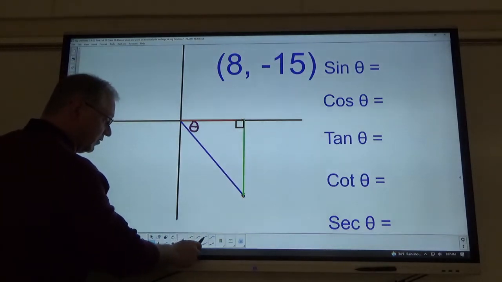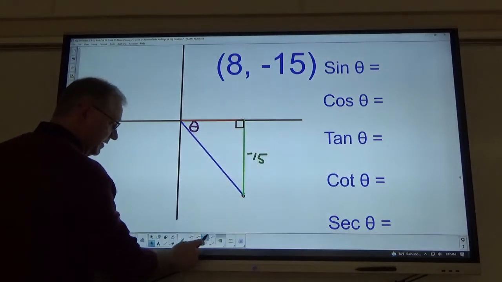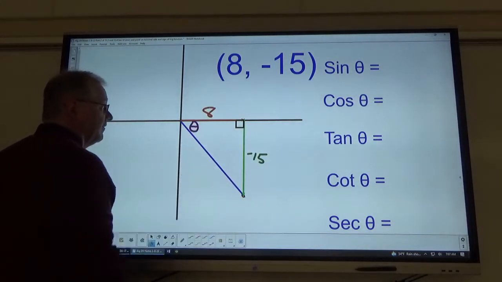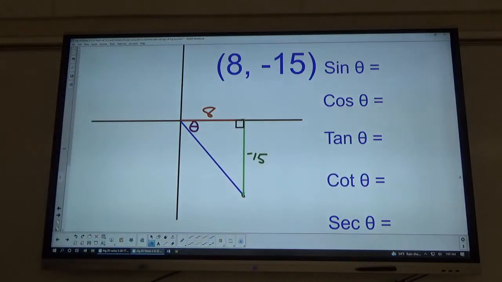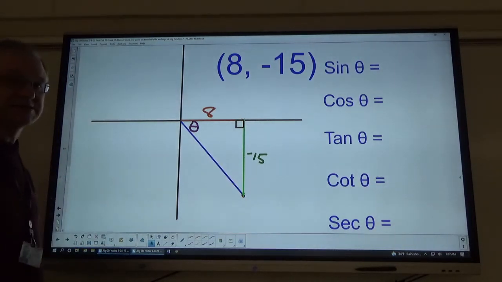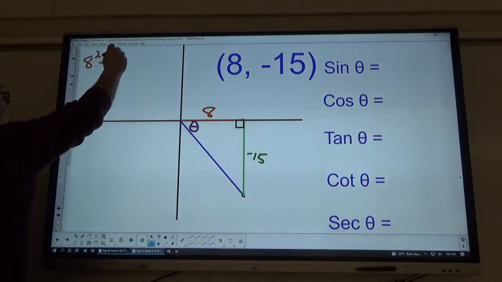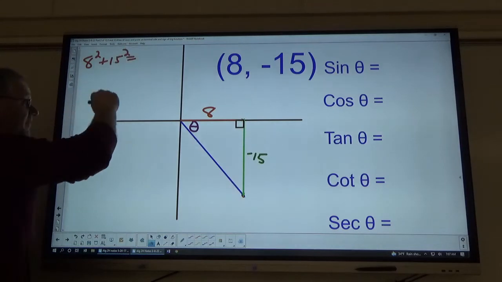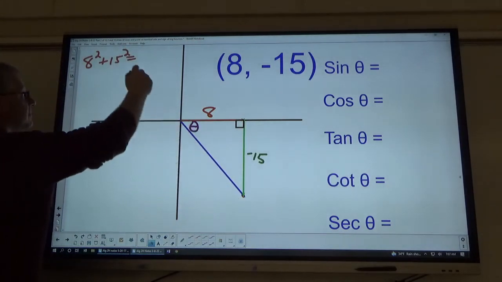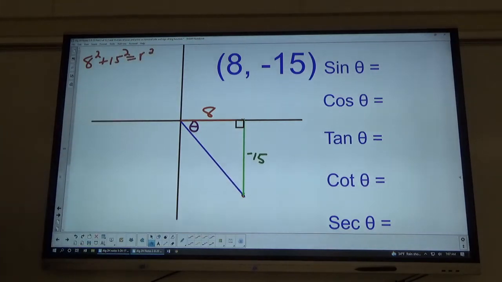We already know that this is -15 and that this is +8 because the x is 8, the y is -15. So when I want to find the remaining side, Pythagorean Theorem, 8 squared plus 15 squared equals, now this is going to be your radius, r squared I'm going to call it.